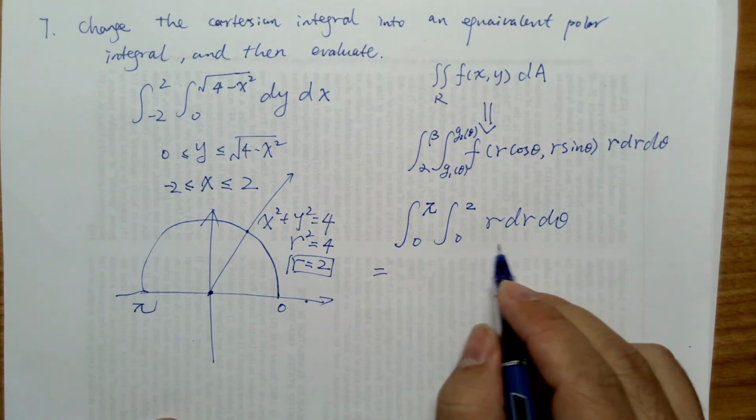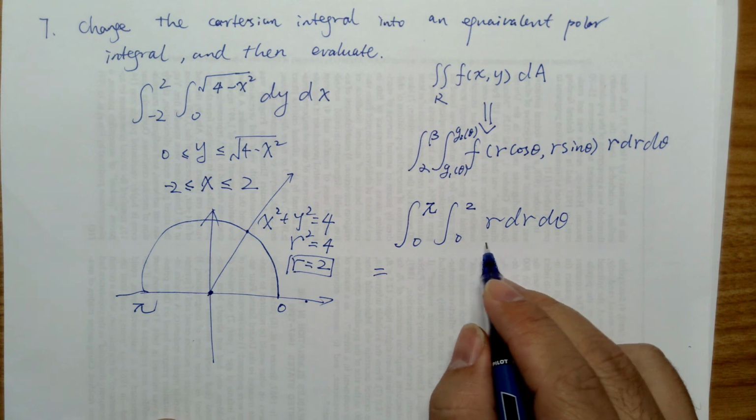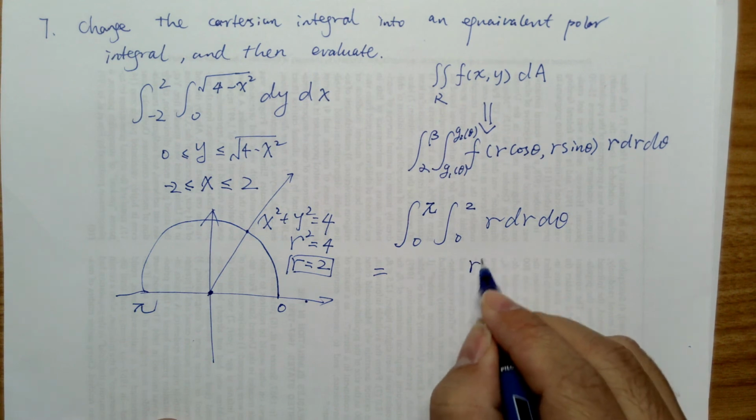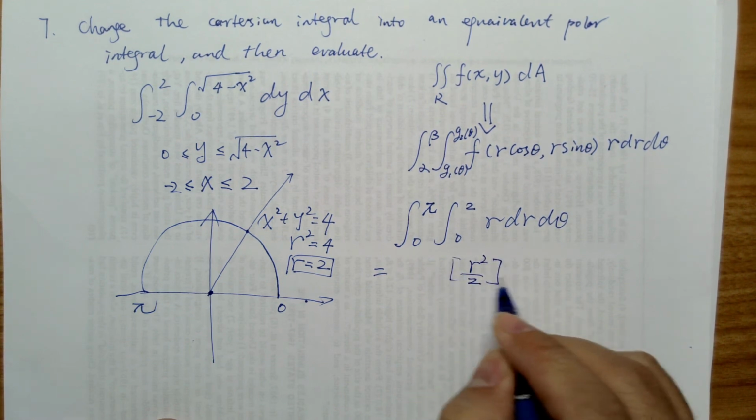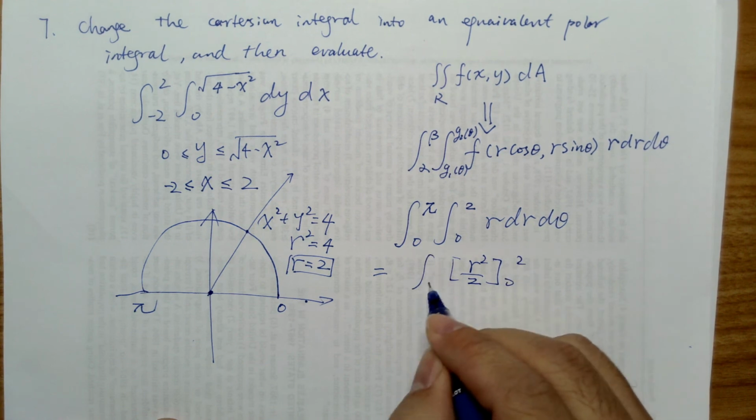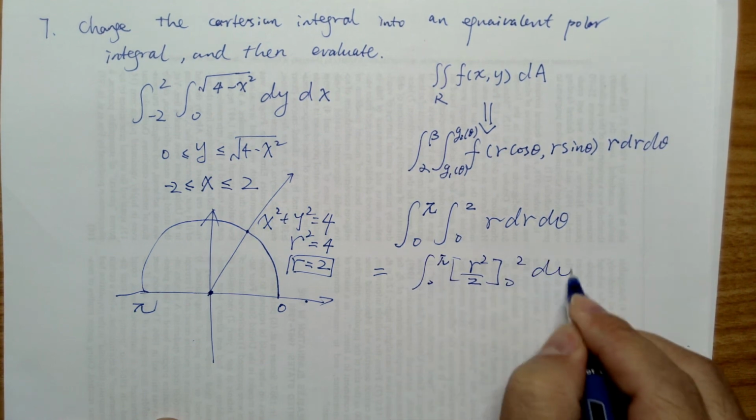And of course, you can evaluate this. It's going to be r squared over 2 from 0 to 2, and then from 0 to pi, d theta.